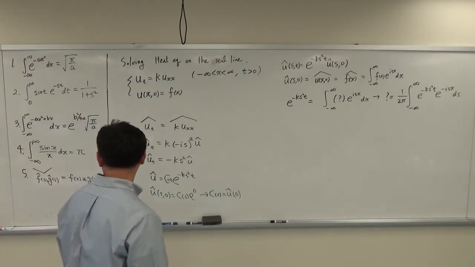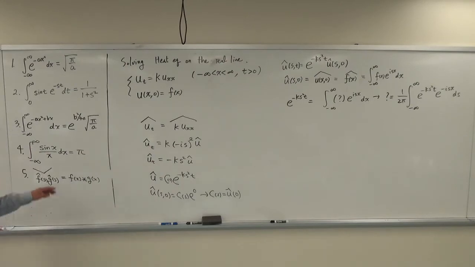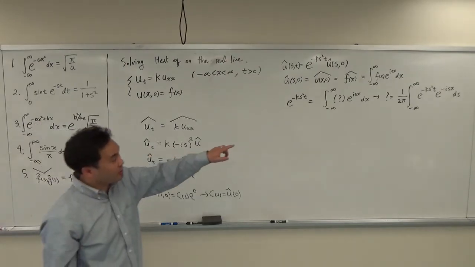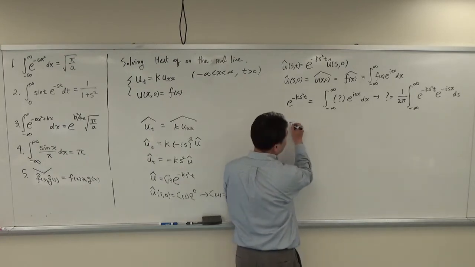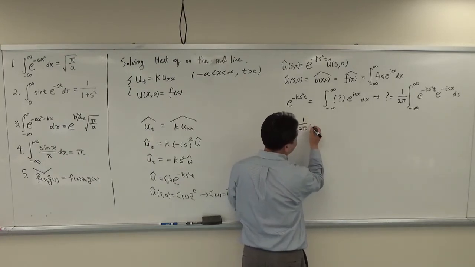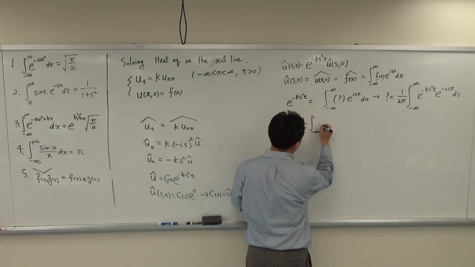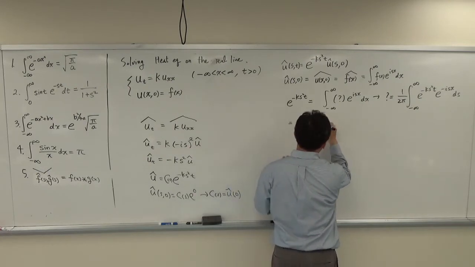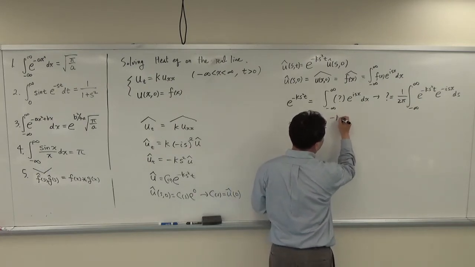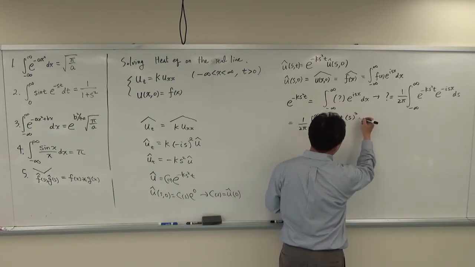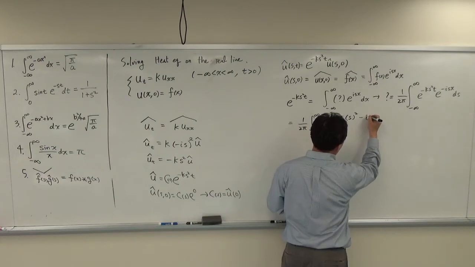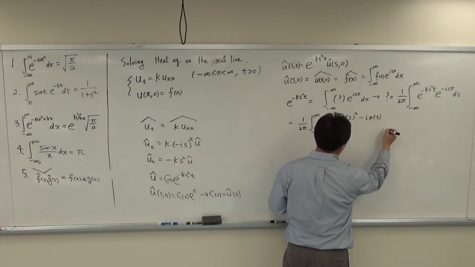Now, it's a bit confusing because what I have here as x is really s there. But let's try to rewrite that as the integral of e to the negative kt s squared minus ixs ds.